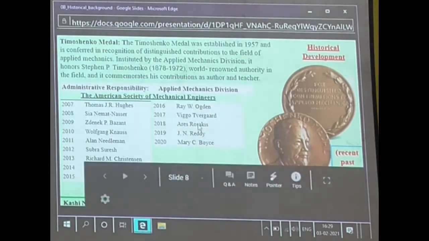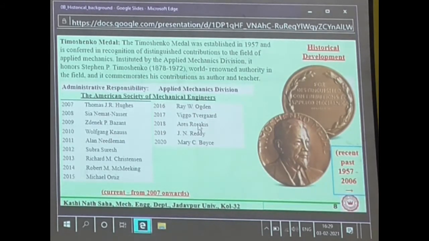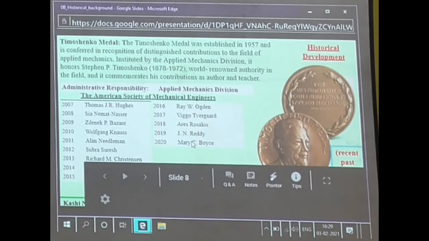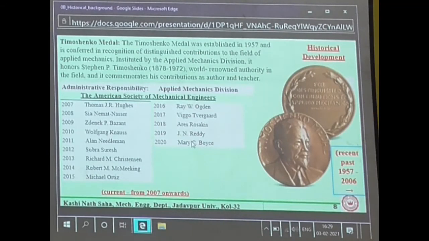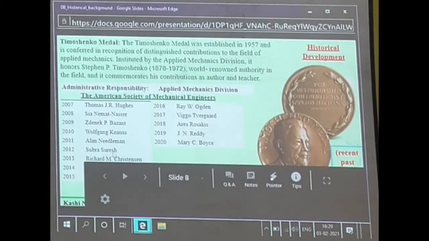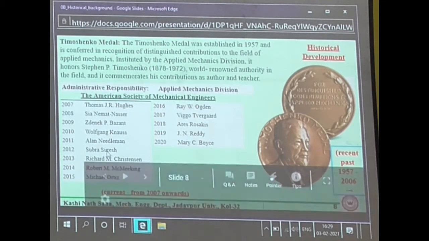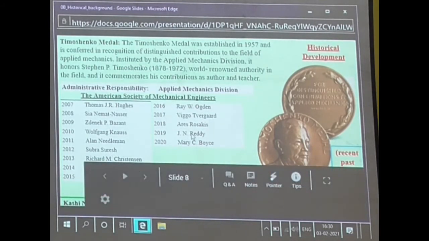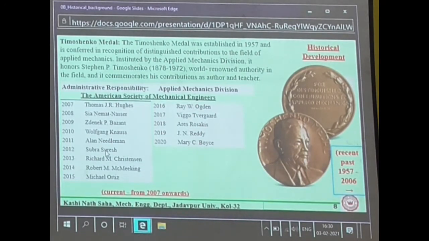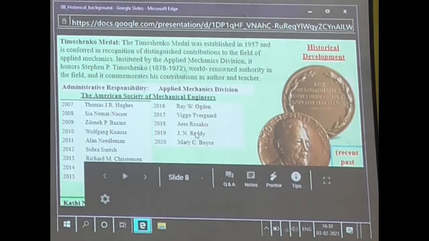It is not that we are talking only about solid mechanics, this is general. There are many persons from biological science also. Like this Suresh is from the biological area. Out of this there are two Indians as well. Professor Suresh is from Caltech, I think. And then last year it was J.N. Reddy, who has the book on FEM. He's from Texas A&M University.